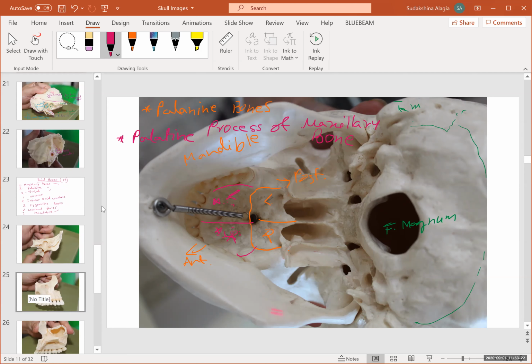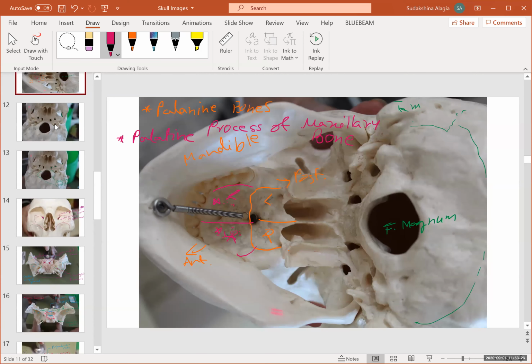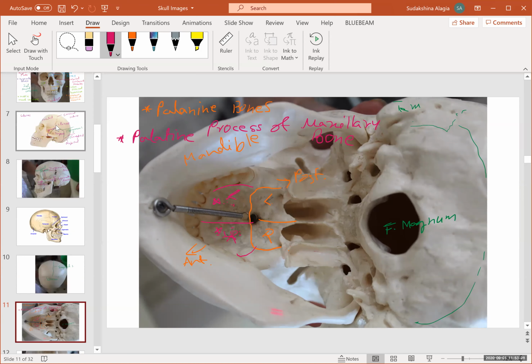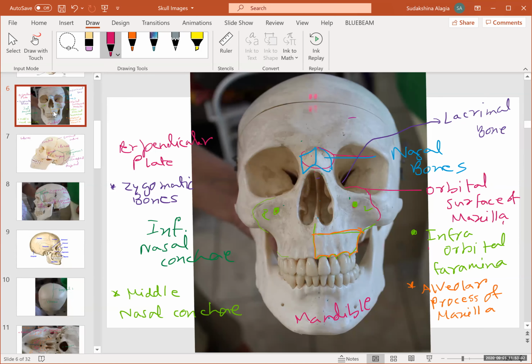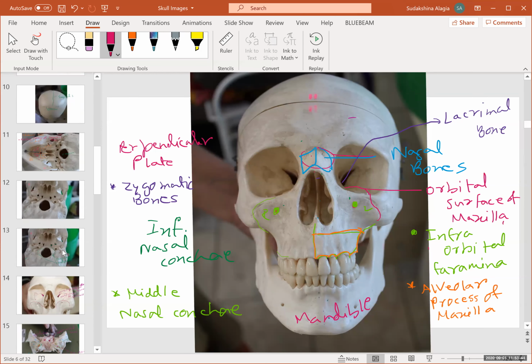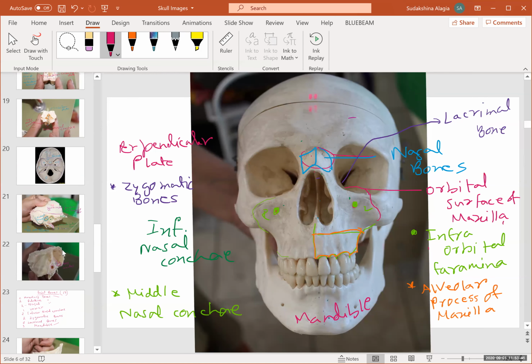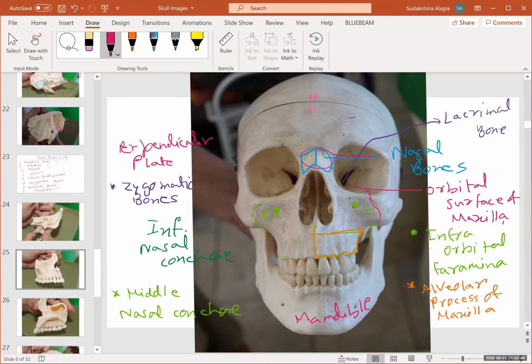Actually, let me go back to the skull here. So we looked at this. Now let's say we are removing this maxilla, extracting it. From here to here, all that is maxilla. And we are looking at that maxilla here.